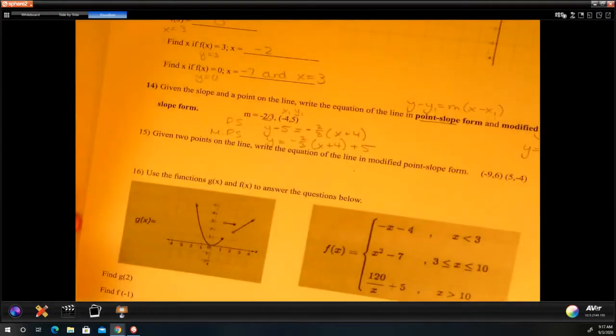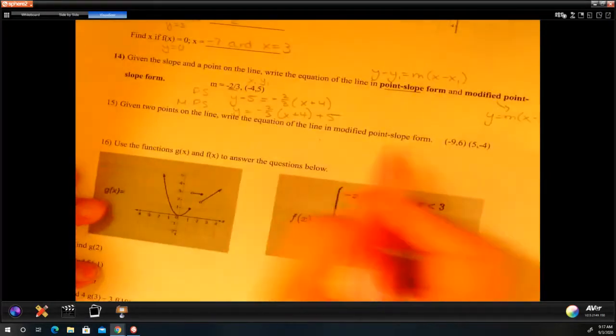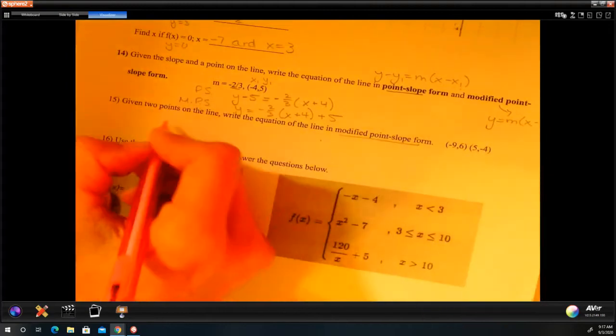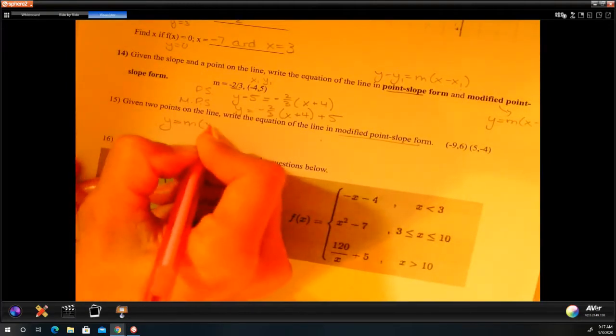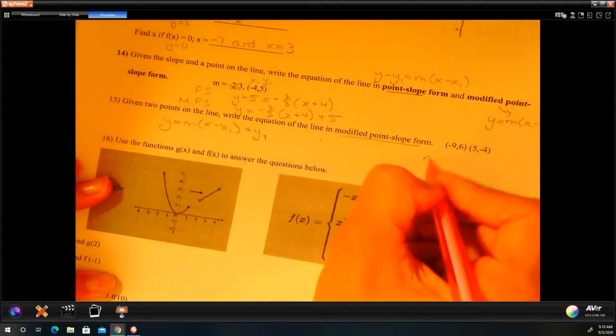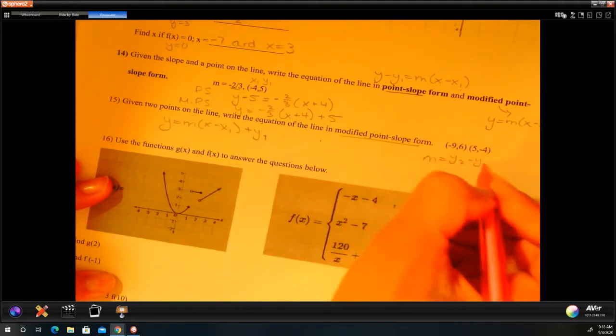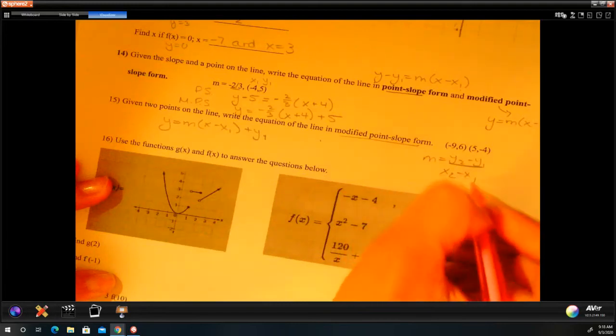Given 2 points, now we're going to do the same thing. So in order to write modified point slope, we know we need our m value. So remember, m is y2 minus y1 over x2 minus x1.